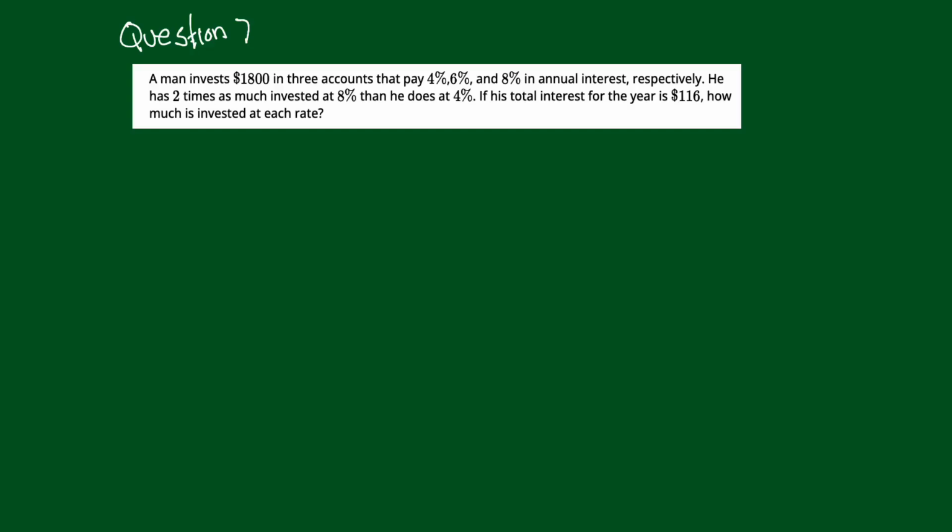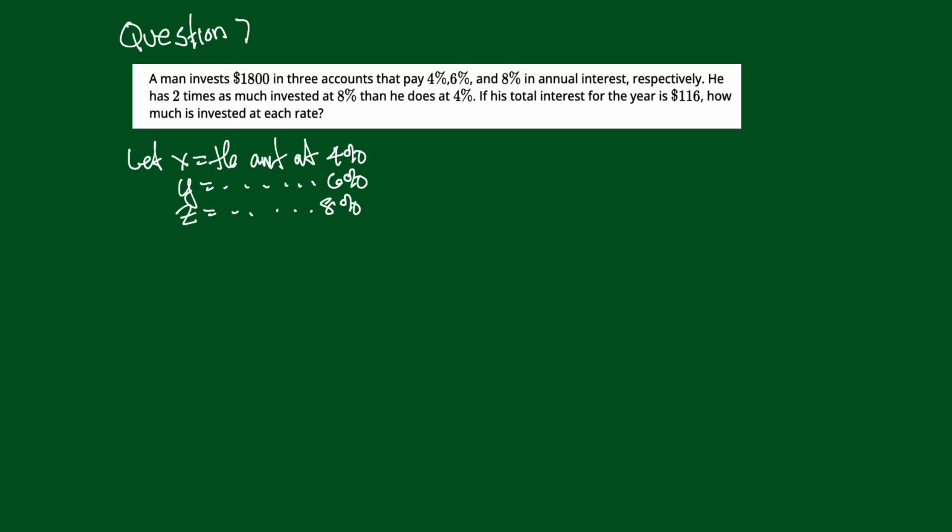All right, so here's what I'm going to do. I'm going to introduce variables. Let x equal the amount at, say, 4%. y, this will be the amount at 6%. And z, that will be the amount at 8%.